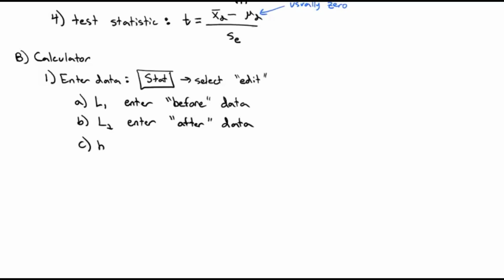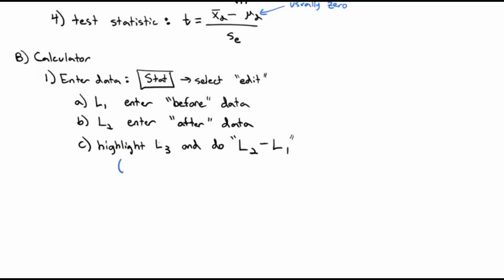And then for L3, you're going to scroll up and highlight L3 and do L2 minus L1, and the calculator will automatically subtract and find all the differences and fill list 3 with the differences.